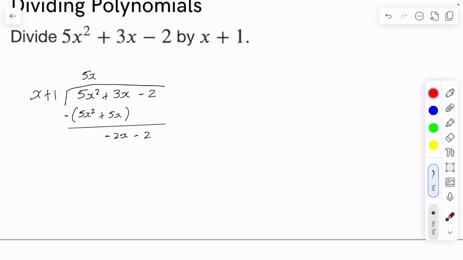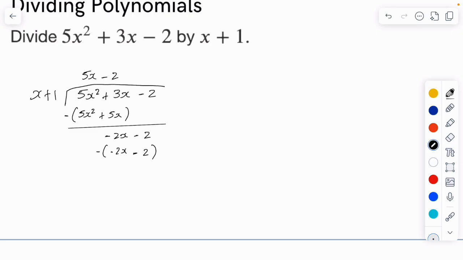Okay, perfect. Now, how many times does x go into minus 2x? It goes in minus 2 times. Brilliant. And we're going to minus something here. That something is minus 2x minus 2. We've got minus 2x here, and then we've got minus 2 here as well.